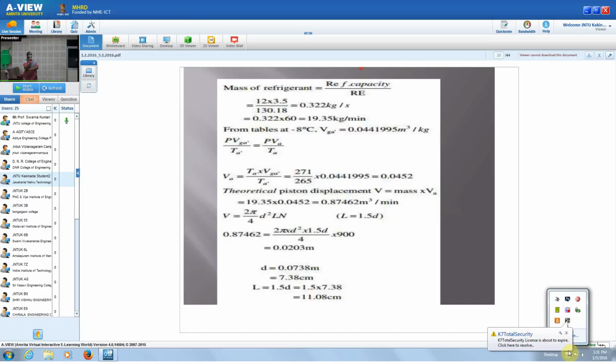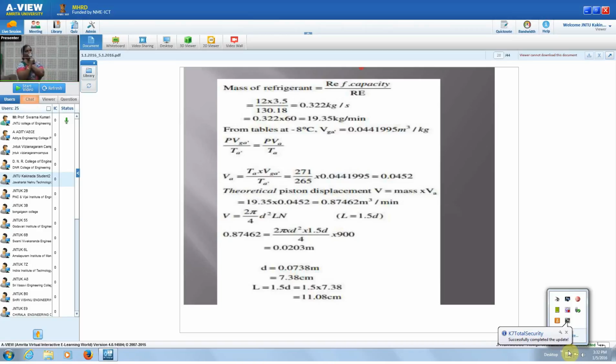Okay. So for that you equate PV by T is constant. Okay. So that is at the suction of the compressor. So PVA by TA is equal to PVA dash by TA dash. So VA is nothing but the actual suction volume for the compressor. So which is equal to, here pressure is constant.